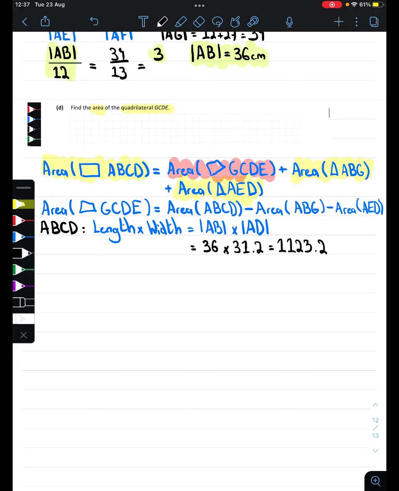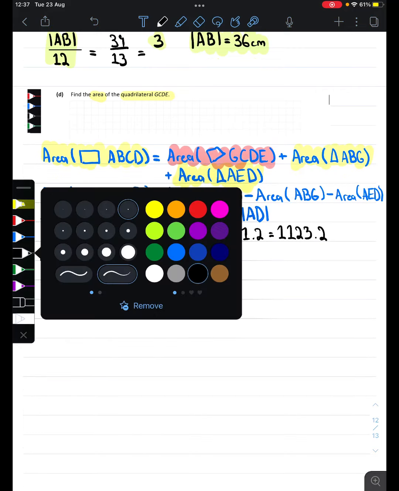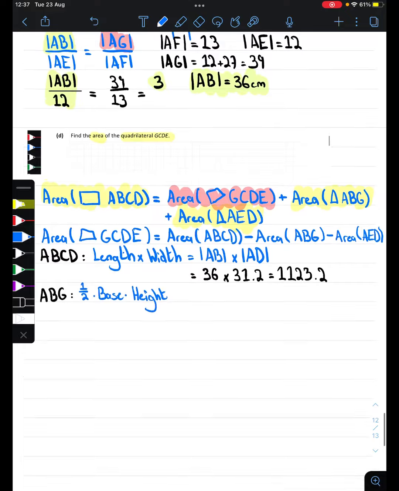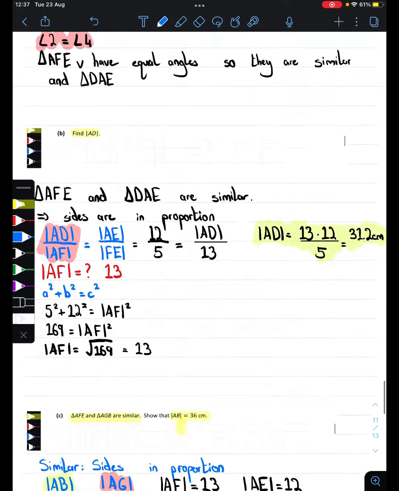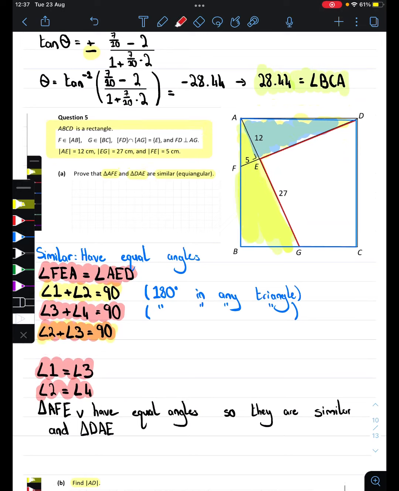Okay, and now if we focus then on ABG, well, we have the formula for a triangle, half the base times the perpendicular height. But that's easy to calculate with a right angle triangle because the perpendicular height, in this case, is just this length.